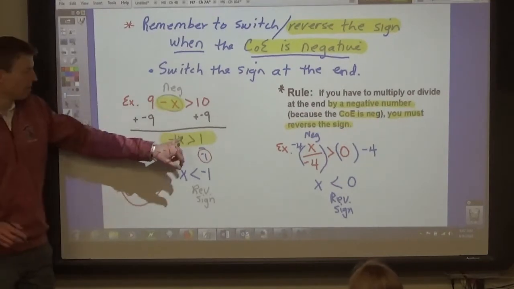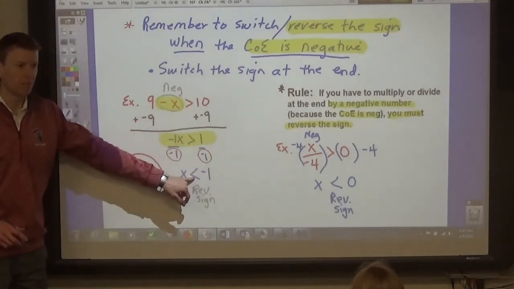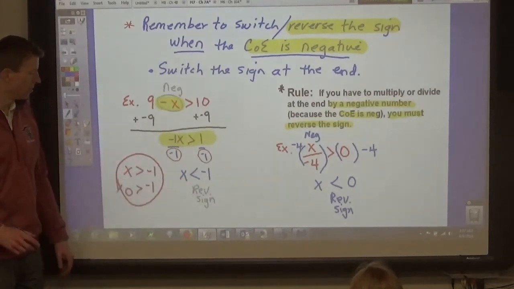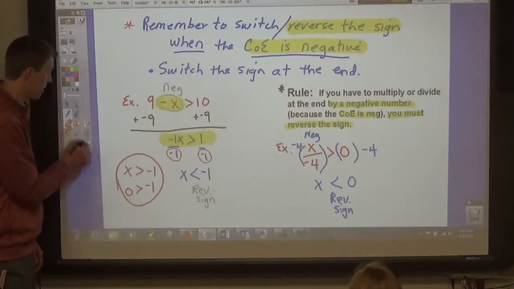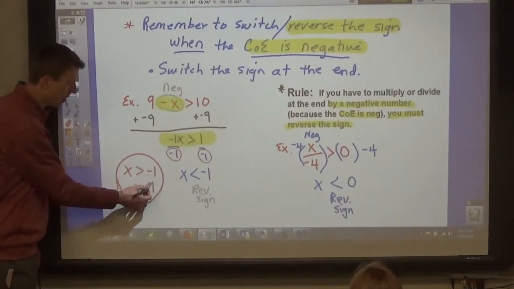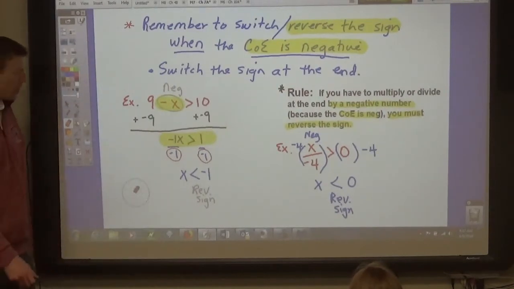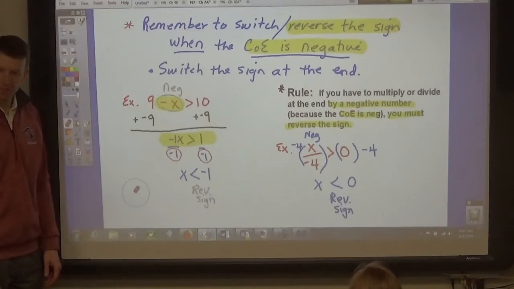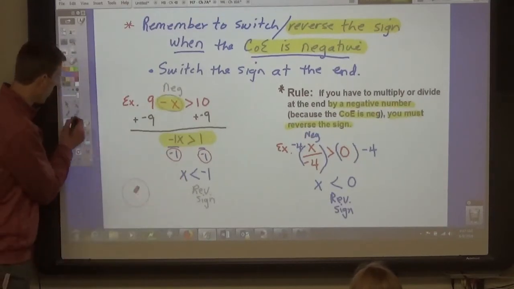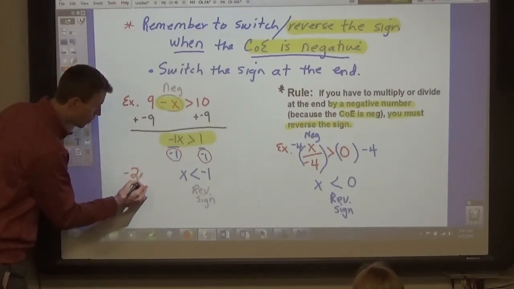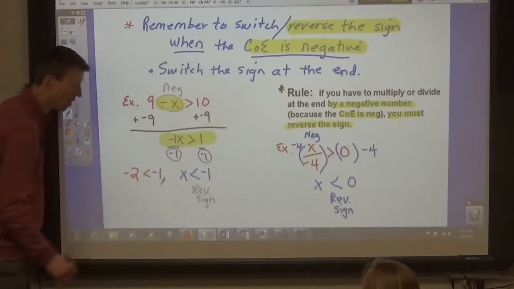Now let's check it by reversing the sign. So let's pick a number like negative 2. Because negative 2 would be part of the solutions. Negative 2 is less than negative 1, right?